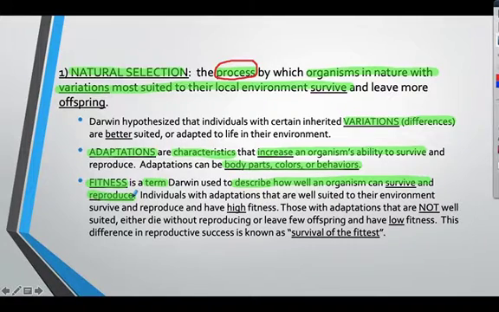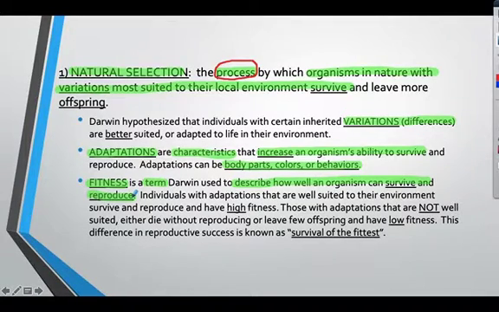So if they're really well camouflaged and they can hide well from their predators and they can find food well and everything, they're going to have really high fitness, which means that they're going to be able to live longer and reproduce and make more offspring than those that have low fitness.